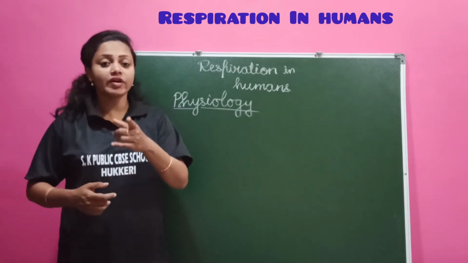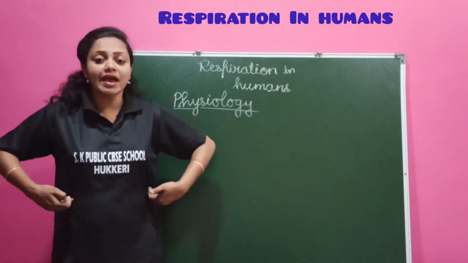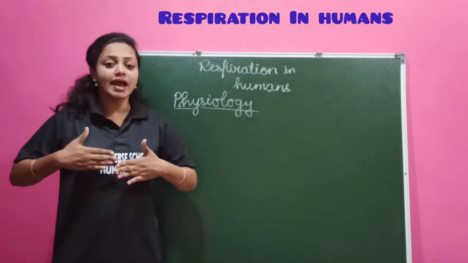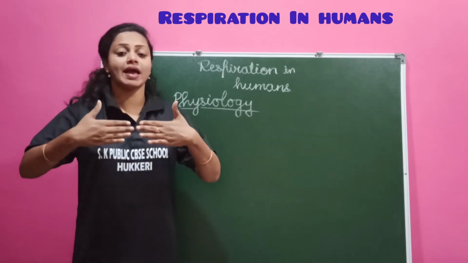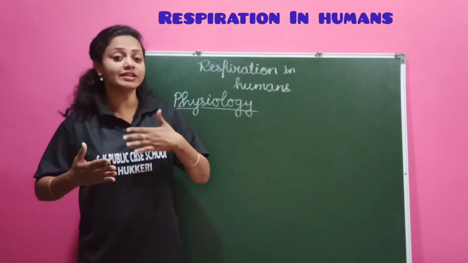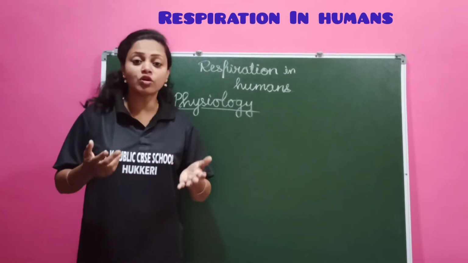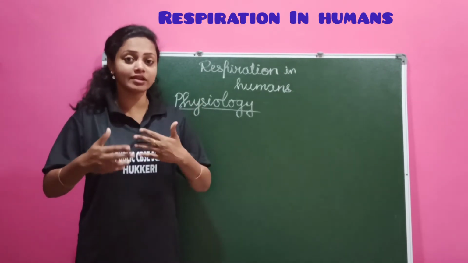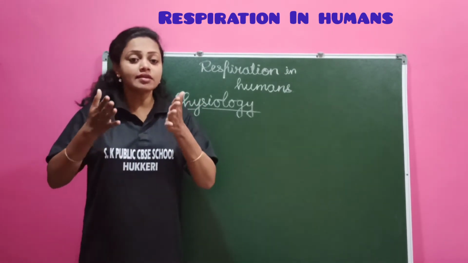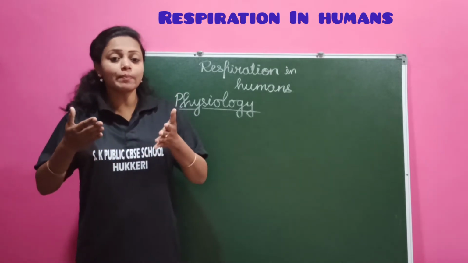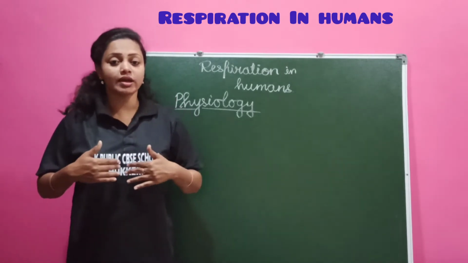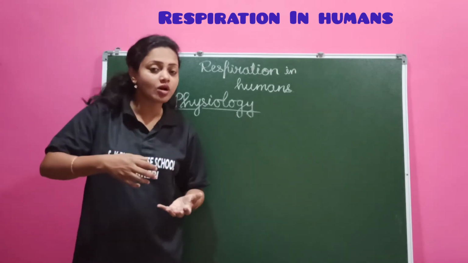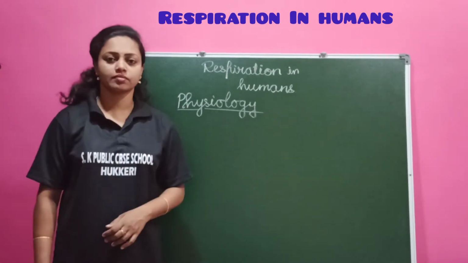When the dome-shaped diaphragm contracts and becomes flattened and the rib cage is expanded due to the action of intercostal muscles, the volume of the lungs increases. The pressure drops and the air from the outside gushes in. This is called inhalation.